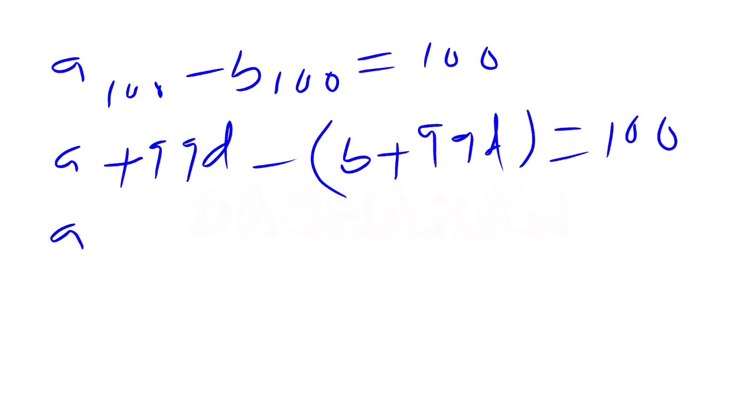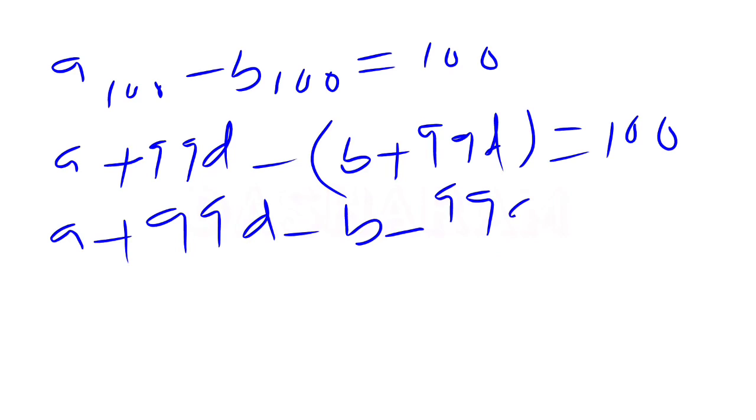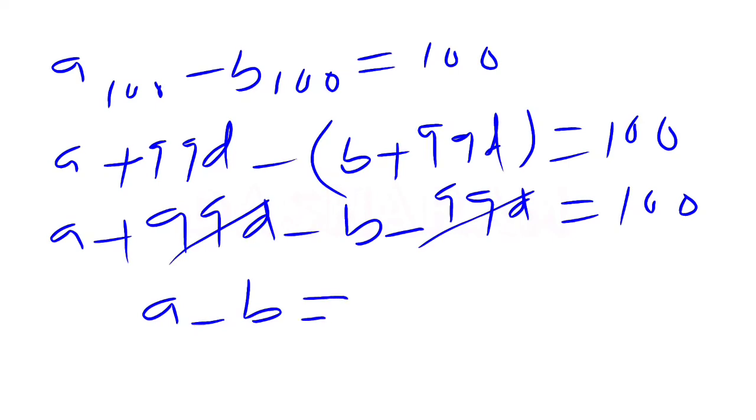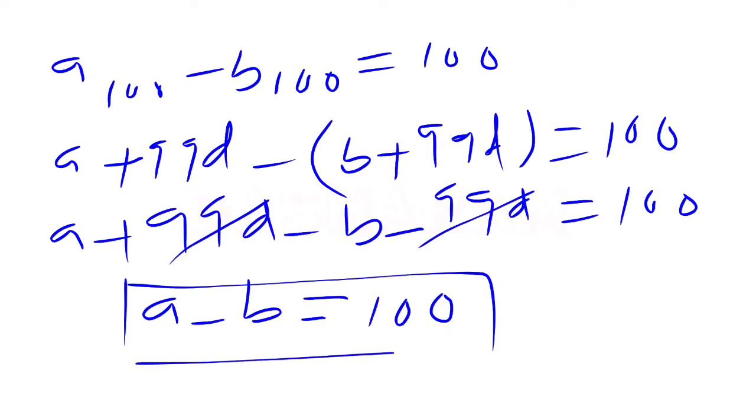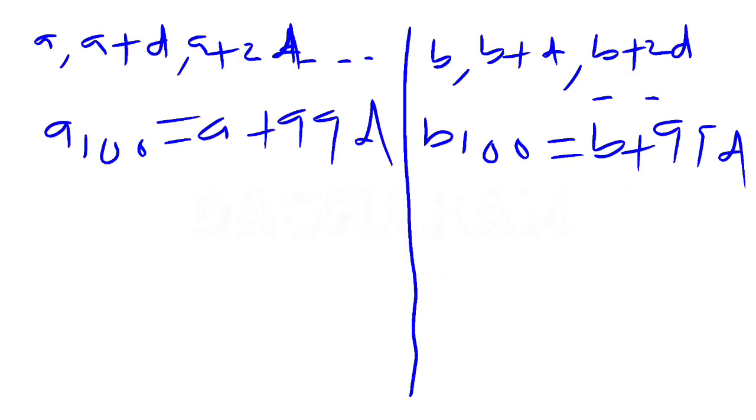So a plus 99d, remove the bracket, minus b minus 99d, equals 100. So here plus 99d minus 99d get cancelled. So a minus b equals 100. This is very important. Using this value we can find the difference between the 1000th terms.